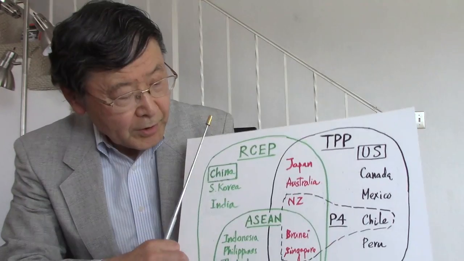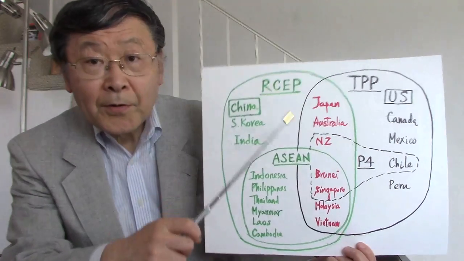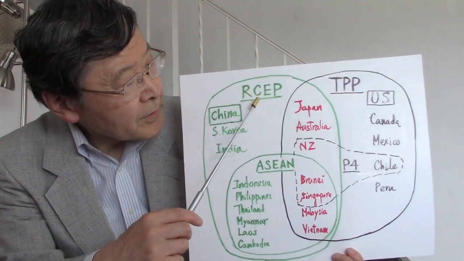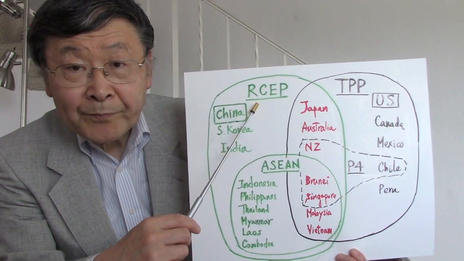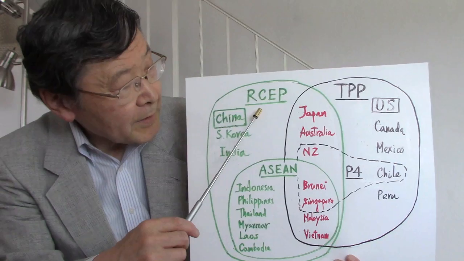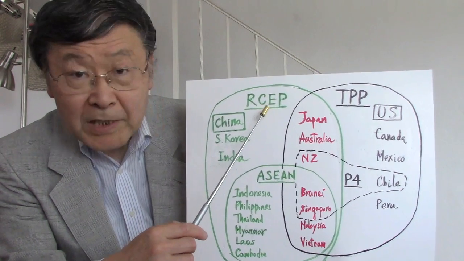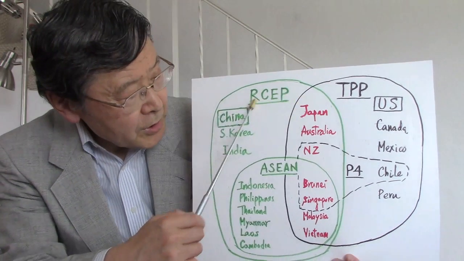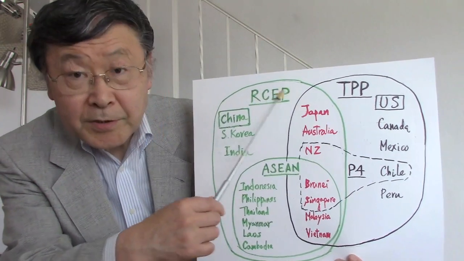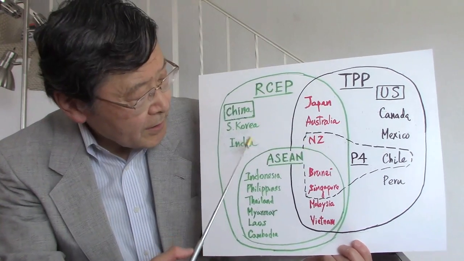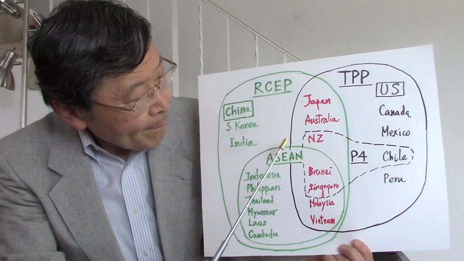Now let's look at these two alternative approaches in somewhat more detail. Here is the list of individual countries. First, Asia's own Free Trade Agreement, RCEP, Regional Comprehensive Economic Partnership, which includes these 16 nations in East Asia and Asia in general.